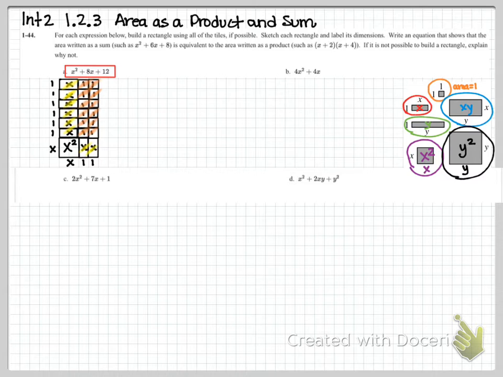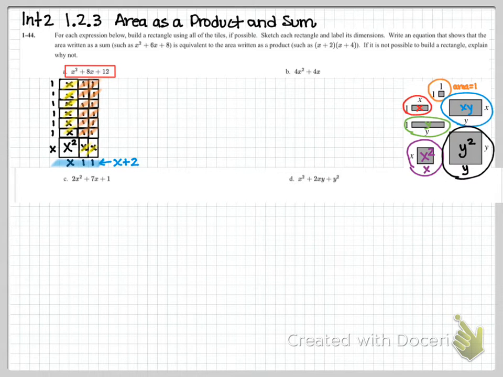So if we take a look around the outside here, we've got this dimension across the bottom. Now, none of the sum was written with negative signs, so it's all positives right now. So across the bottom, we know this is going to be able to be rewritten as a positive x plus, and I'm going to go ahead and combine like terms with the 1 and the 1, so I get an x plus 2.